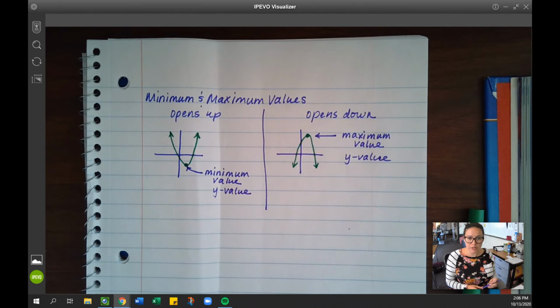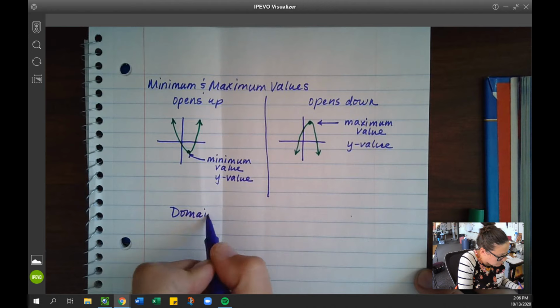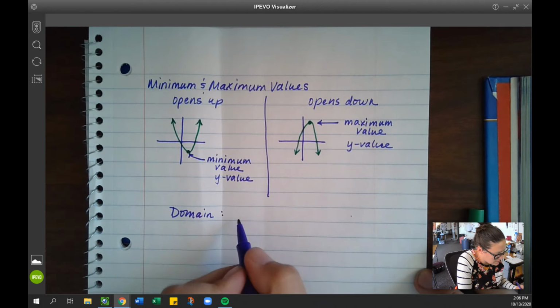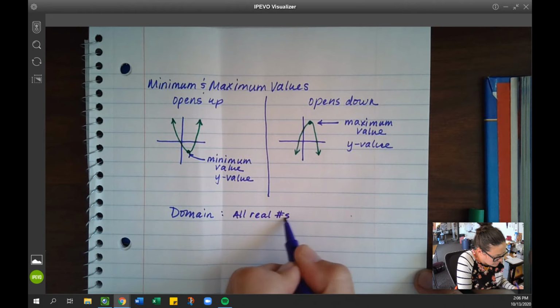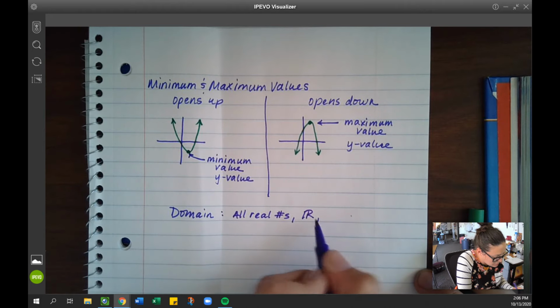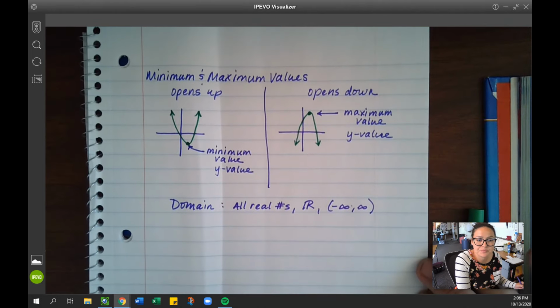The other thing that we're going to bring back is the idea of domain and range. So domain in all cases for quadratic functions is all real numbers. Or we use this fancy R, or we can say negative infinity to infinity.